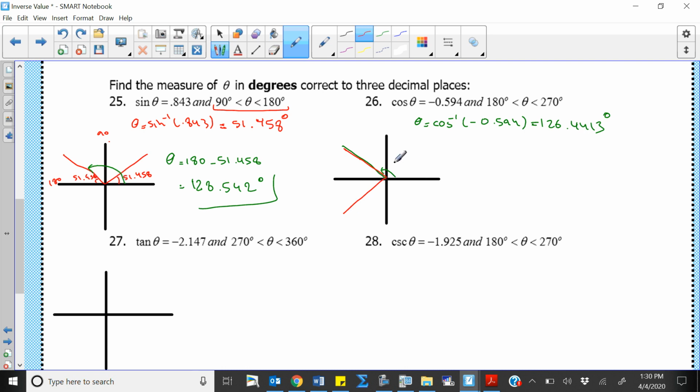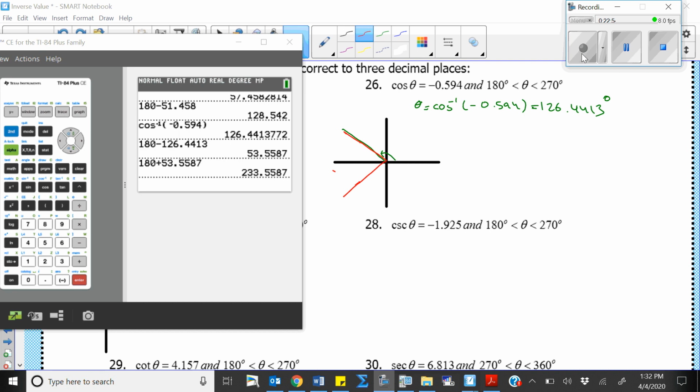Now I need to find this one, because this angle is between 180 and 270. The angle I'm looking for starts from this point and ends at this line. This is 180 and this one is 270.